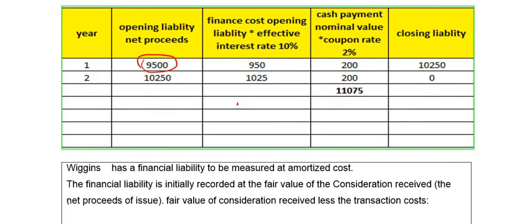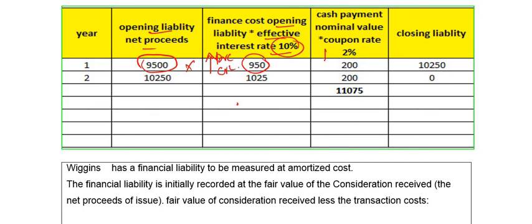Okay, here this is the opening liability, the net proceed, and you have to multiply the opening liability with the effective interest rate, and this will increase your finance cost. The debit will be finance cost, and the credit will be liability because it also increases liability.